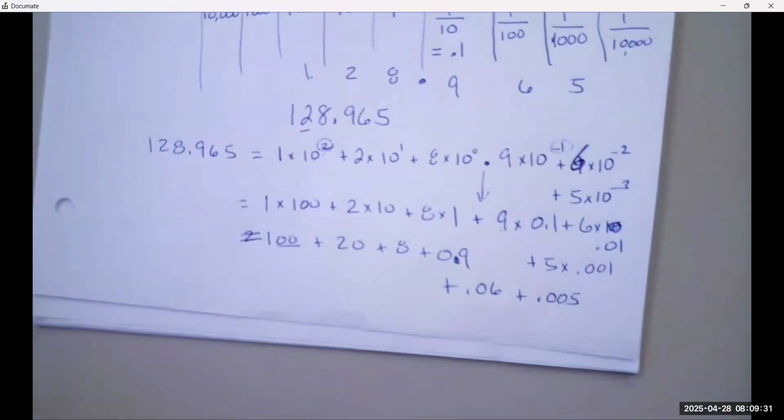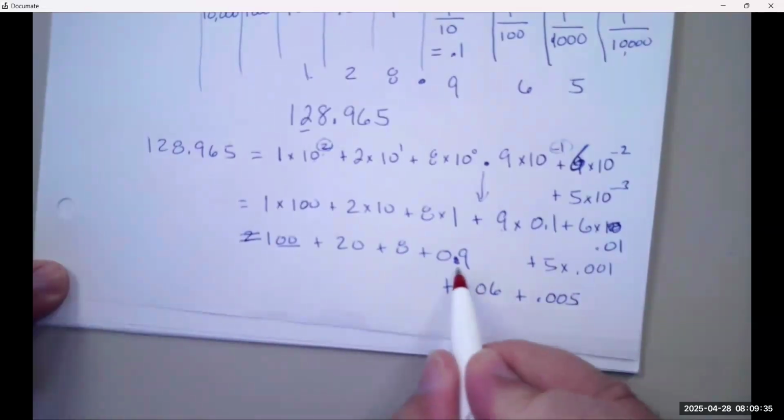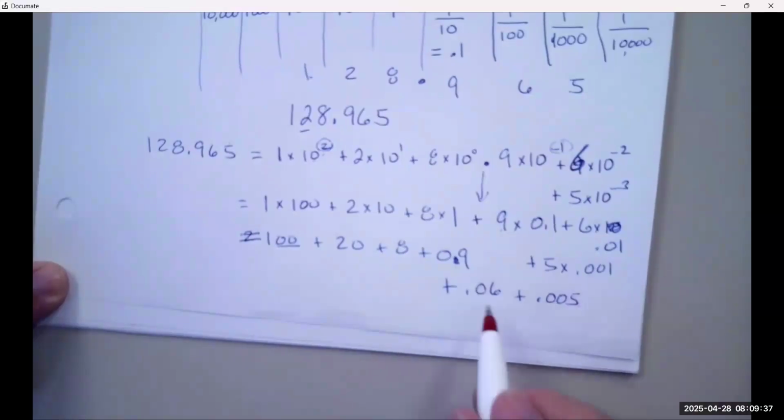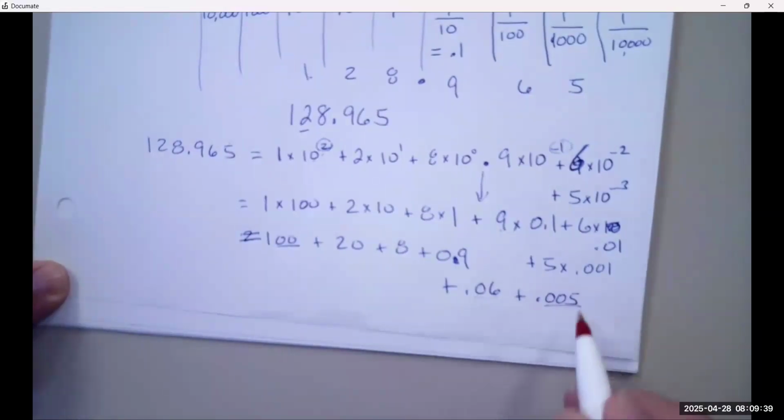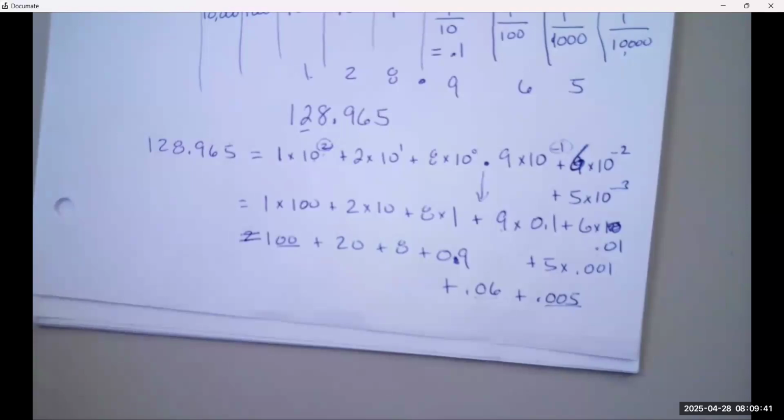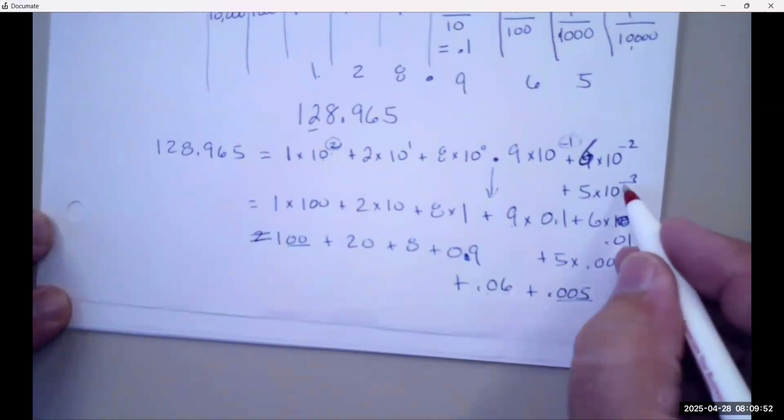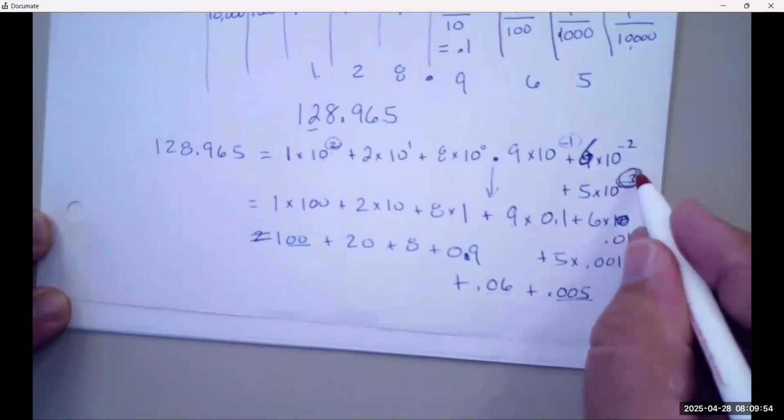So what do you notice here about the numbers? Every step we go further to the right, we have more numbers after the decimal. But how many zeros are there behind the decimal? 5 was to the power negative 3.